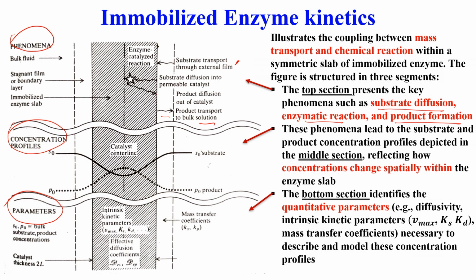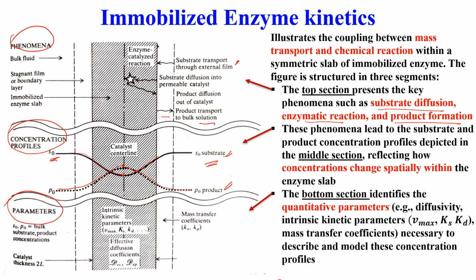If you see the substrate concentration profile, because the enzyme is exposed to substrate from both sides, this will be the maximum substrate concentration, it keeps on decreasing, and typically at the center it reaches its minimum value. Similarly, as the product is being formed at the center, product concentration will be higher here, it will keep on decreasing and reach a plateau when it goes outside to the bulk. So, you can see the different profiles of the substrate and product due to enzyme immobilization.